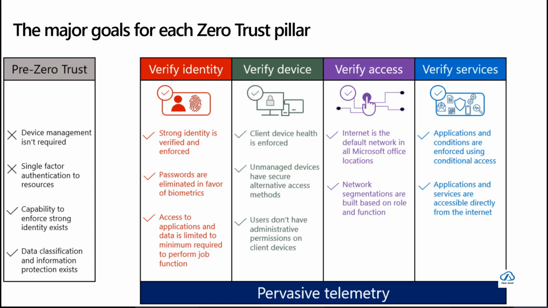Passwords are eliminated in favor of biometrics. This becomes extremely crucial for us, and that's what we are discussing. So from this entire zero trust framework, what I'm trying to target here is verifying the identity and eliminating the need for passwords, potentially replacing them with something like biometrics.